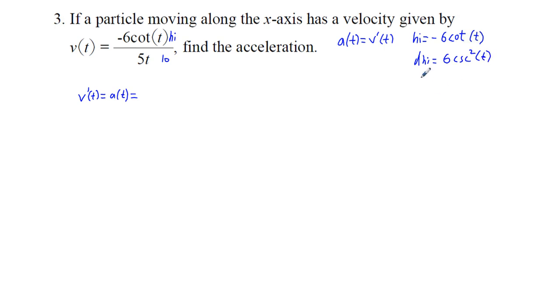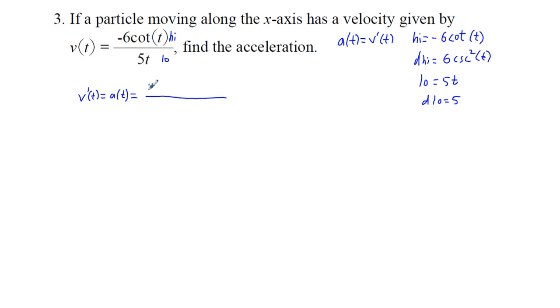Okay, now our low is equal to 5t, and our d low is equal to 5. And so now we can write our derivative here.